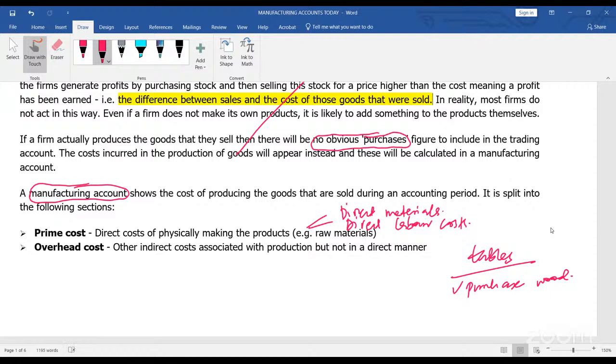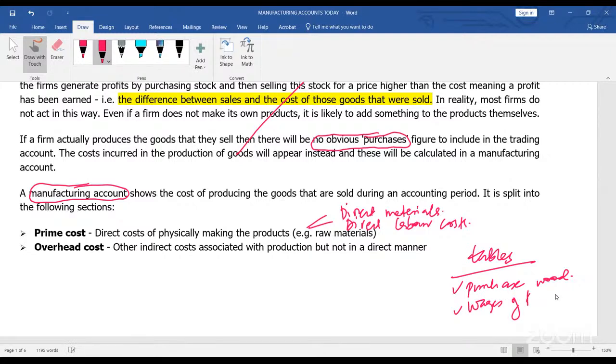The cost you're going to incur on purchasing wood is a pure direct cost, because we need this wood in making the table. The wage of the person who is going to assemble the parts of the table is also a direct cost.